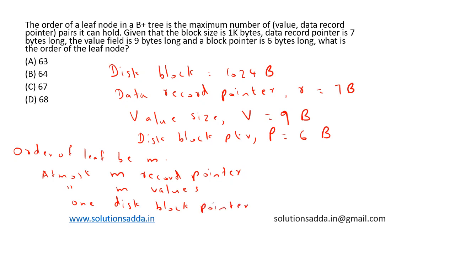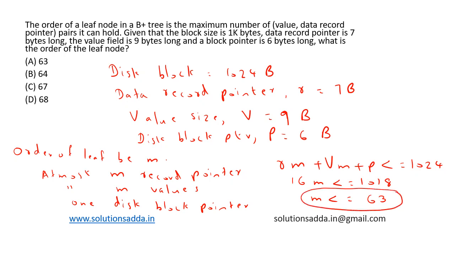Based on this, we can say that R M plus V M plus P will be less than or equal to the disk block size, that is 1024. We can say that R into M plus V M plus P less than or equal to 1024. Rewriting, 16M is less than or equal to 1018. M will be less than or equal to 63. So the correct answer here is option A, 63.